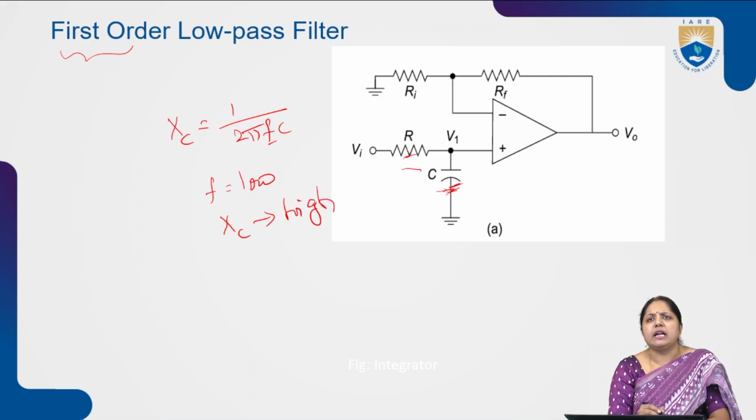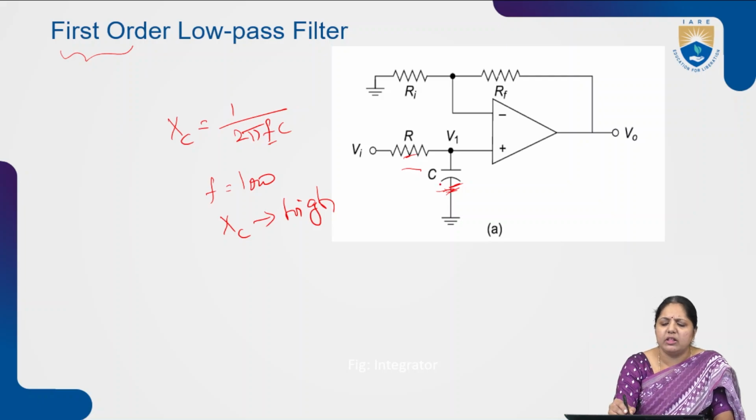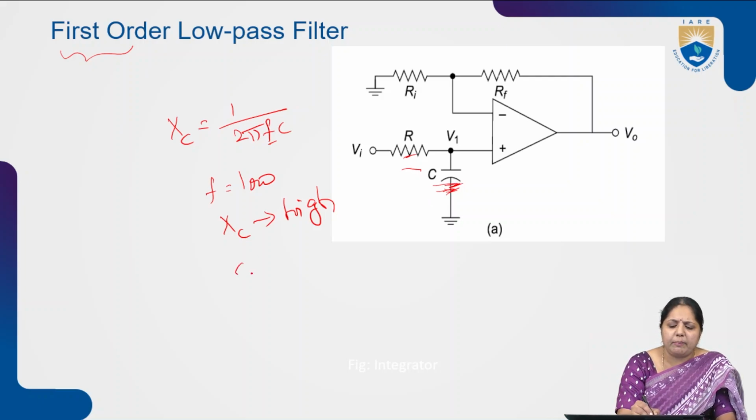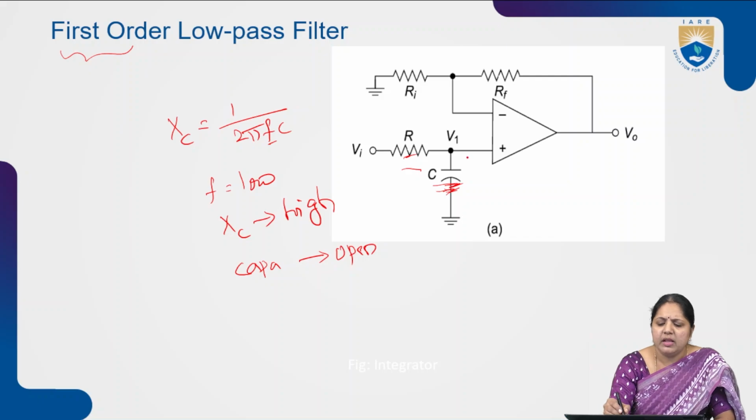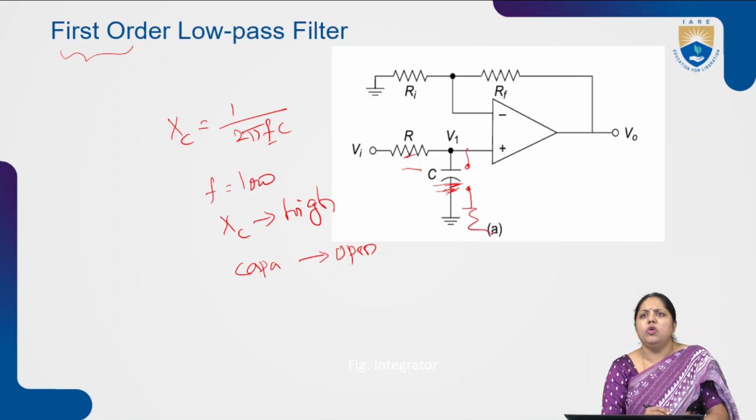When there is a high reactance, what is the function of the capacitor? The capacitor acts as an open circuit, because of the high reactance. Just imagine there is an open circuit at the low frequency.